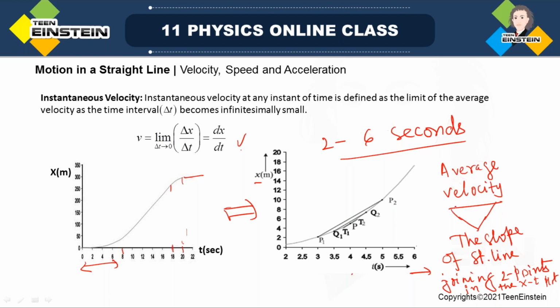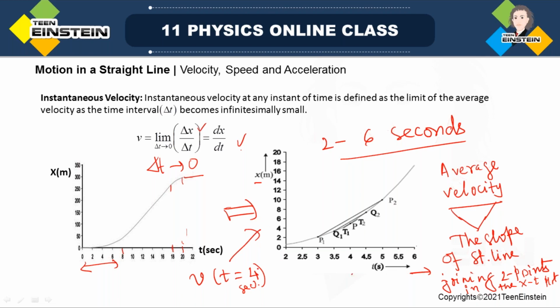Today we have to remember that we'll be taking the limit of delta t tending to 0 for the average velocity. Suppose I have to calculate instantaneous velocity at time t equal to 4 in this curve. Instantaneous velocity means the velocity of the car at any instant.